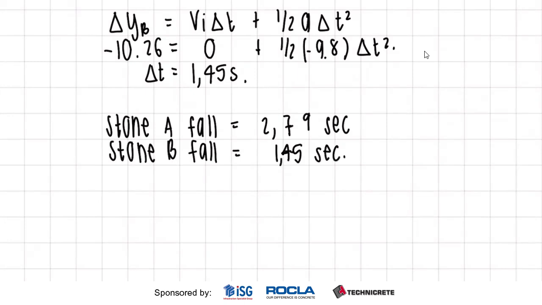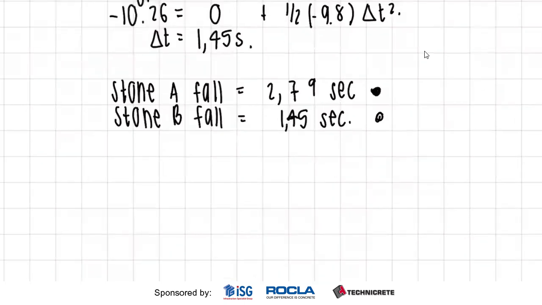So from this, clearly stone B was dropped after stone A, because it took different amounts of time to get to the same place. Okay, so now we want to know how long after stone A was thrown was stone B dropped. To do that, we go stone A's time minus stone B's time, and we get 1.34 seconds.